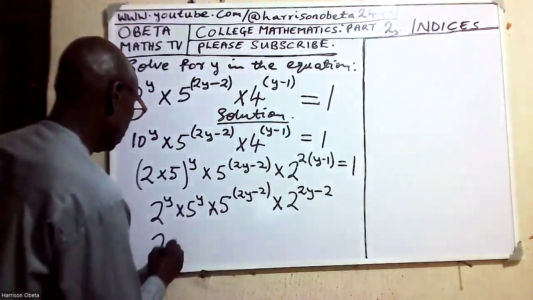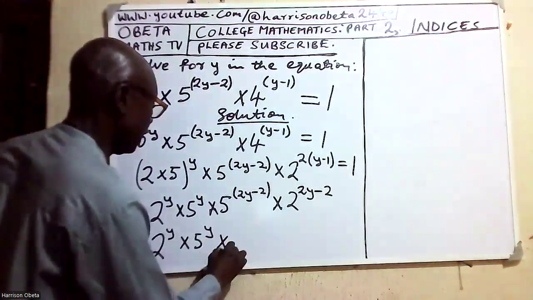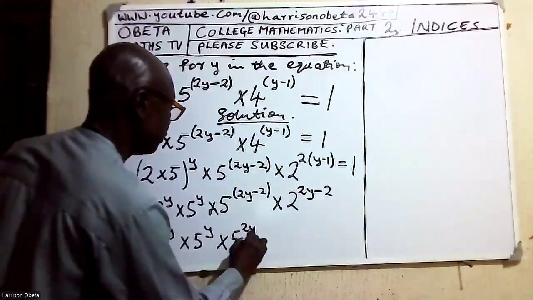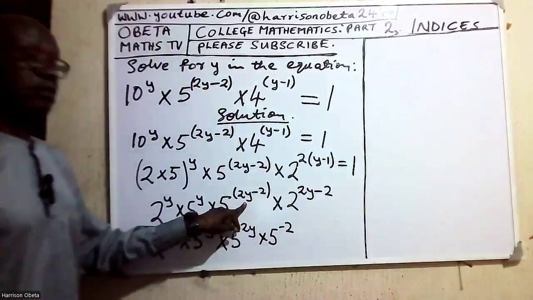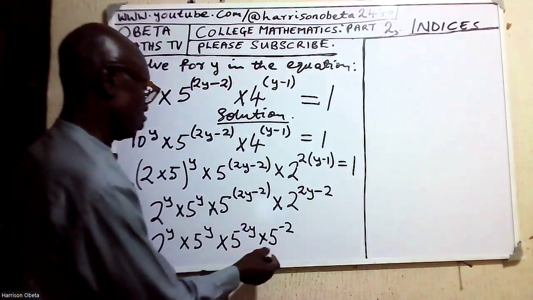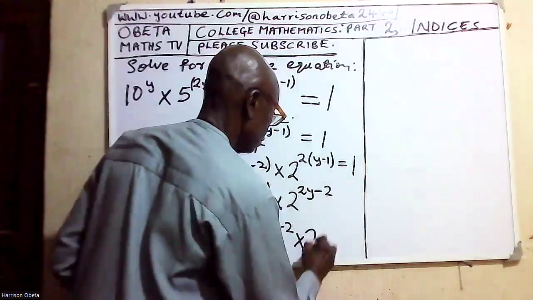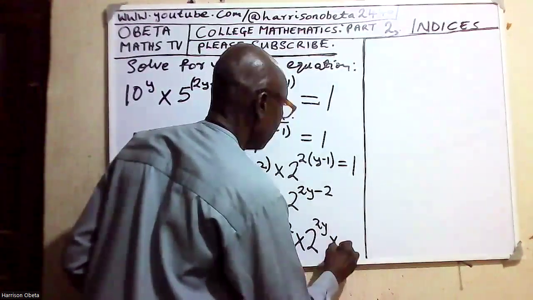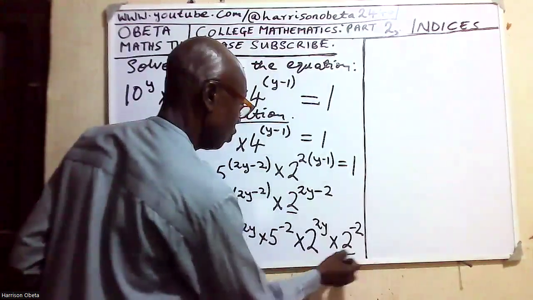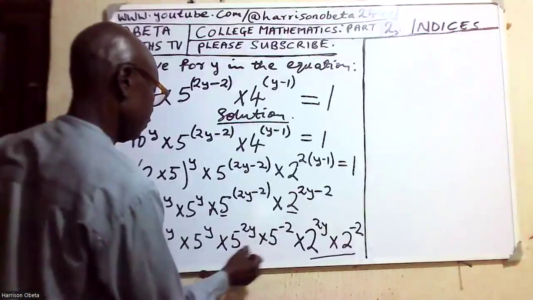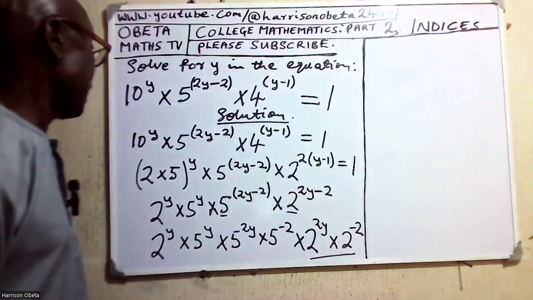We have 2 raised power y times 5 raised power y times 5 raised power 2y multiplied by 5 raised power minus 2, then multiplied by 2 raised power 2y multiplied by 2 raised power minus 2. So we move on by collecting like terms.